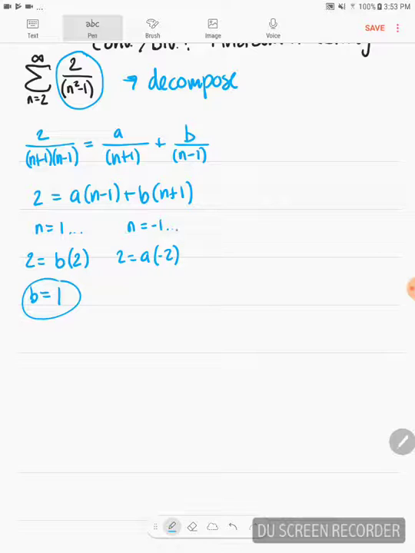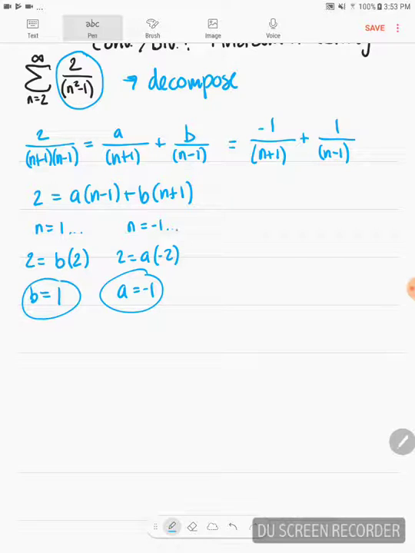A is therefore negative 2 over 2, or 2 over negative 2, which is negative 1. Awesome. Quick, easy, really nice. So this is equaling negative 1 over n plus 1 plus 1 over n minus 1.